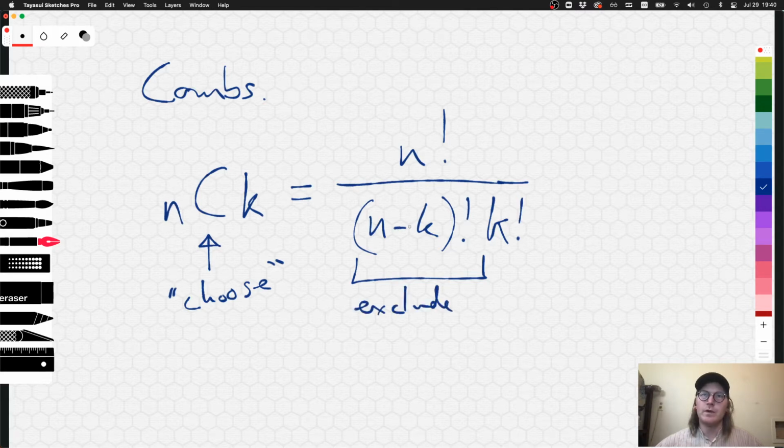You're excluding n minus k of these in the final working. You're also excluding all the different arrangements of k, right? So that's what that represents: those are the different permutations of the same k items.